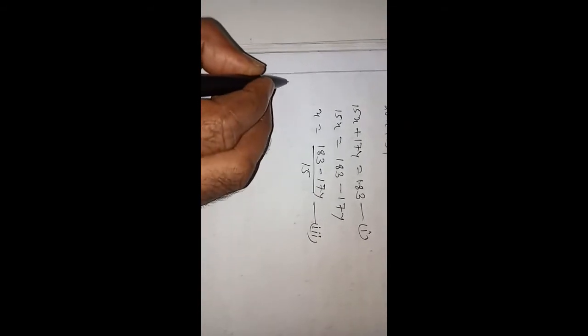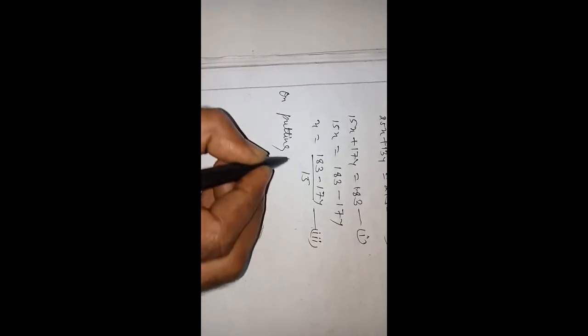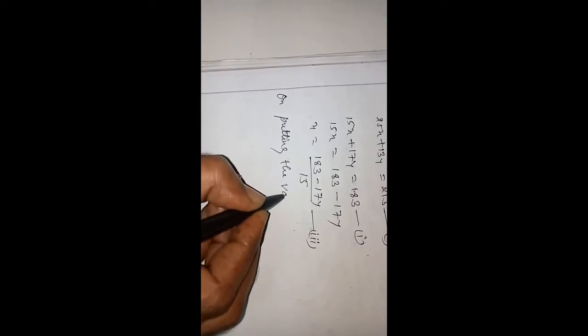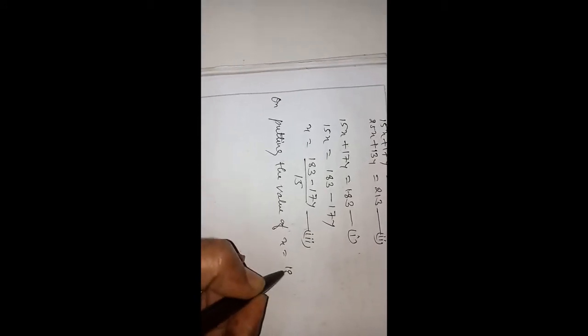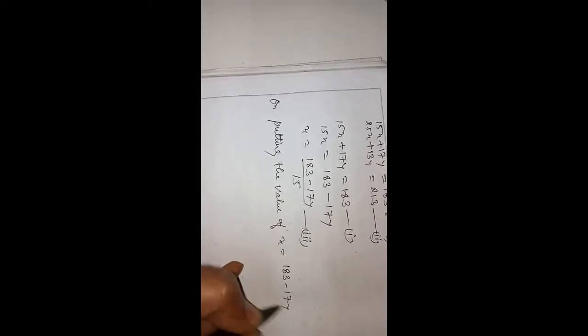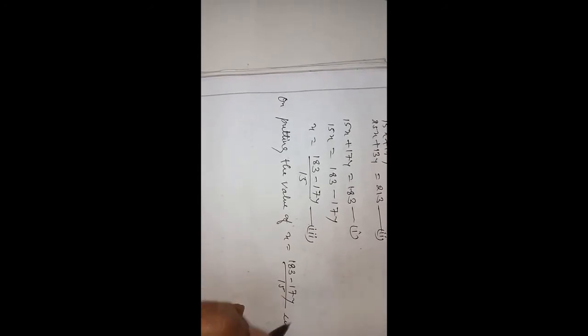Now putting the value of x equal to 183 minus 17y upon 15 in equation second.